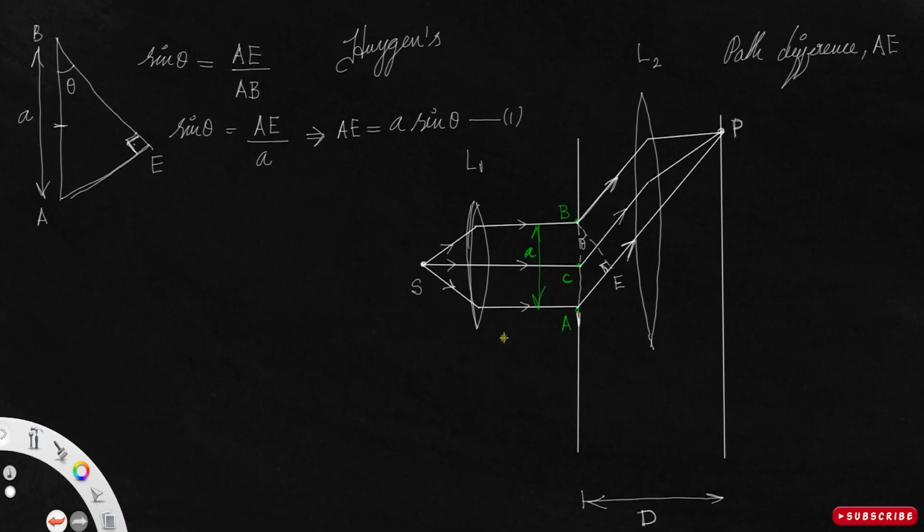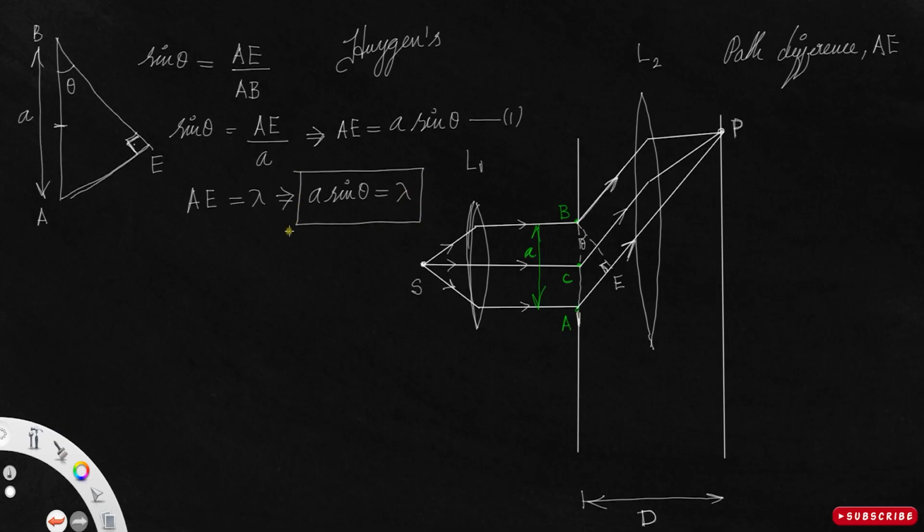So we need to find a relationship between this path difference and which kind of fringe is formed at the point P, whether it is a dark fringe or a bright fringe. Now suppose I take AE equal to lambda, that is 1 times the wavelength of the light, or you can rewrite the equation as a sine theta is equal to lambda.